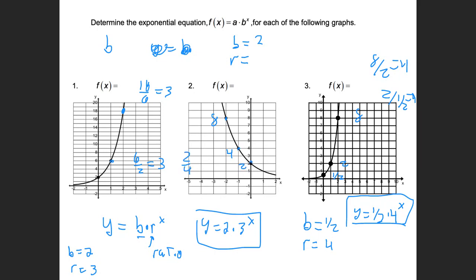We go 2 over 4 or 4 over 8. That's the way we're going to come up with that. So it looks like it's 1/2, right? So my r value is 1/2, and my equation would be y is equal to 2 times 1/2 to the x power. Now, could you check yourself? Absolutely. Go to Desmos, plug these equations in. You will see that they do work.